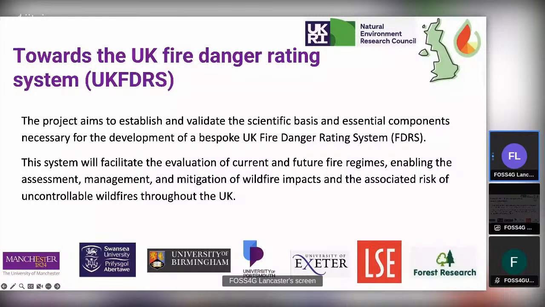So what is needed, what the different vegetation types and fuel types are that can have different types of combustion. There are 6 universities involved, plus Forest Research. With this, we want to facilitate the evaluation of the future fire regimes in the UK, which is now a really hot topic.